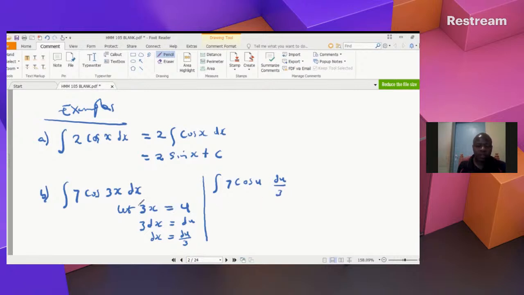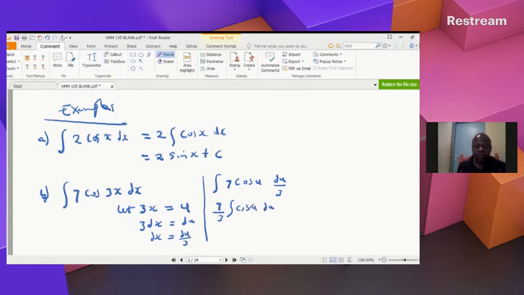I've substituted everything, written x in terms of u everywhere x appears. Now let me write the constants outside the integral sign: 7 out of 3, the integral of cos of u du.